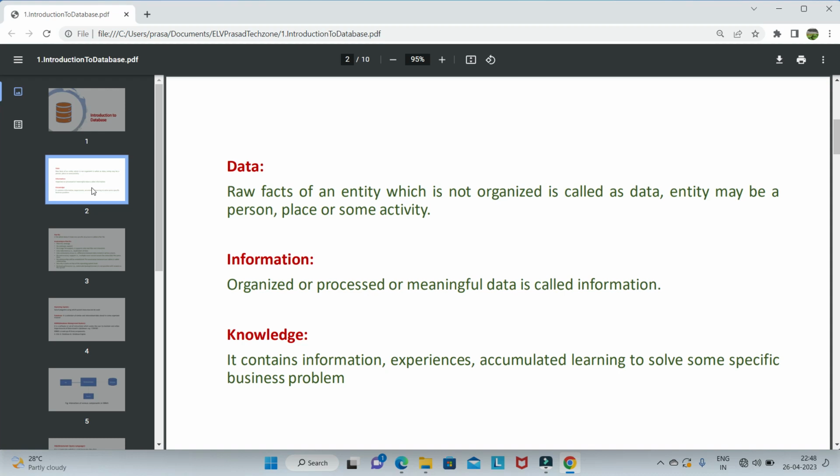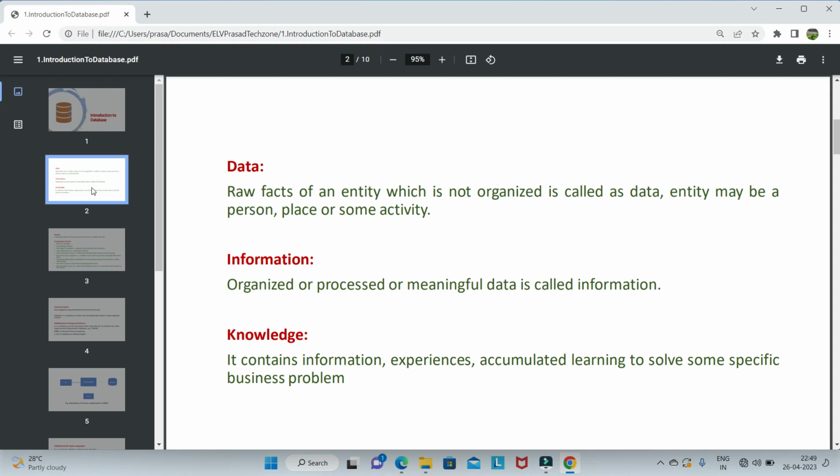Information is processed, organized or meaningful data. Knowledge contains information, experiences and some learnings to solve some specific business problem. So these three factors are very important in dealing with the data.